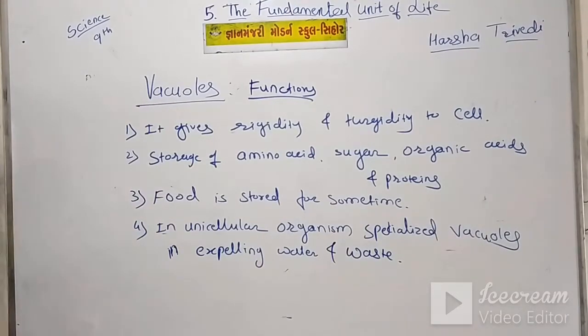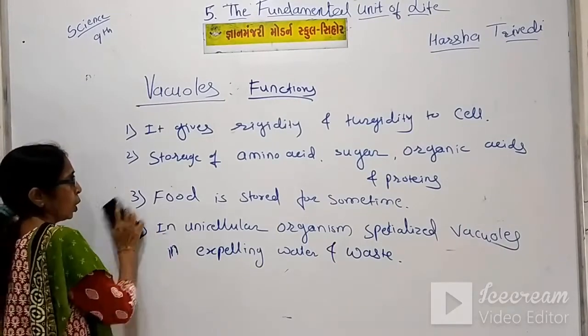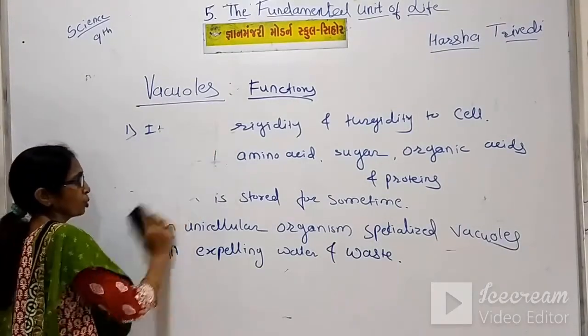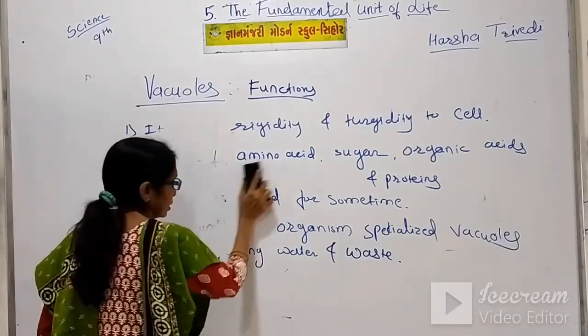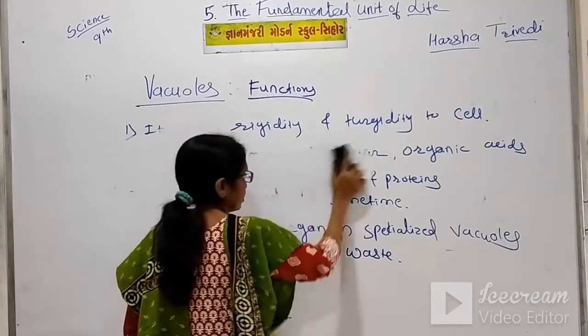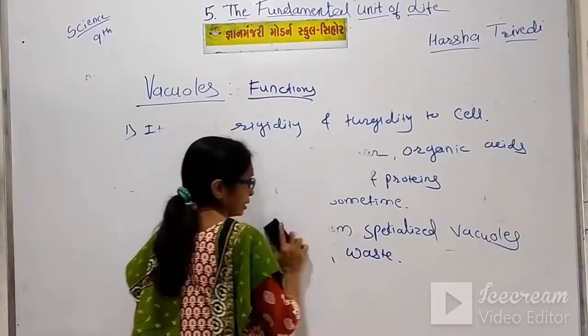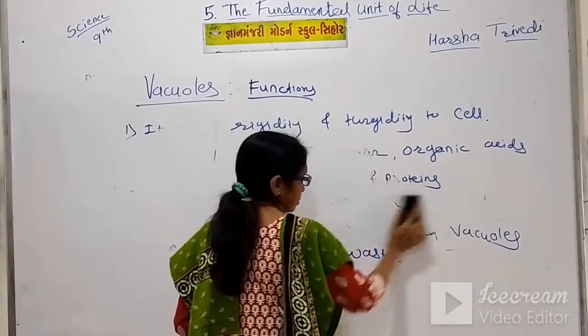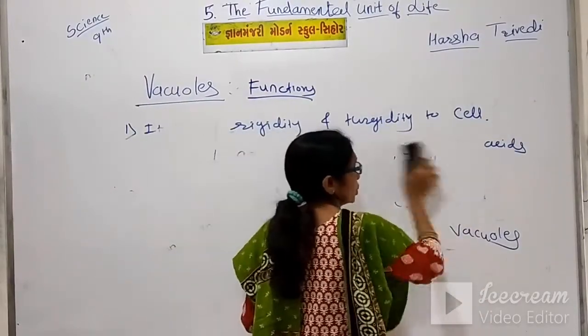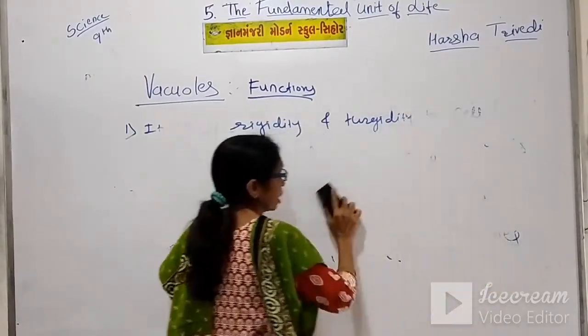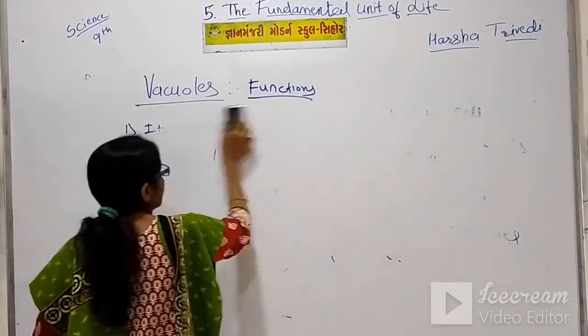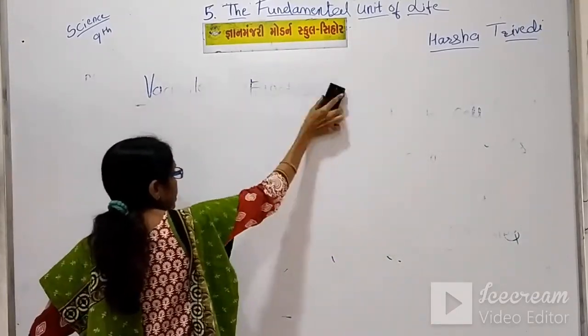Okay, students. Now we have seen all the main features of the plant cell and animal cell, which are their plasma membrane, cytoplasm and nucleus, and also we have discussed the cell organelles which are present in the cytoplasm.